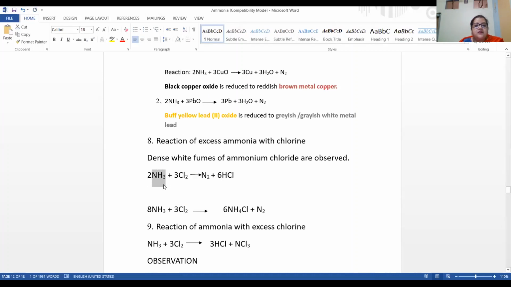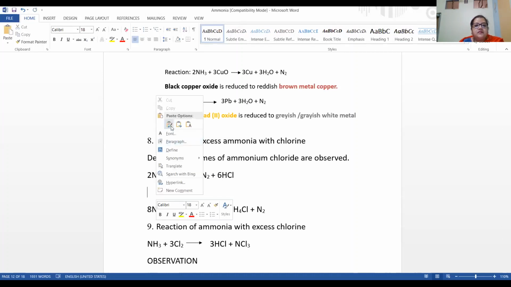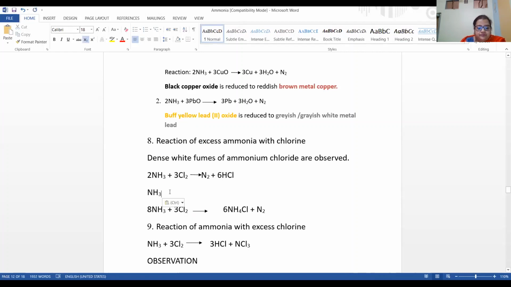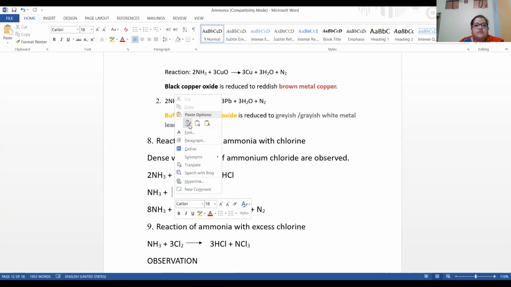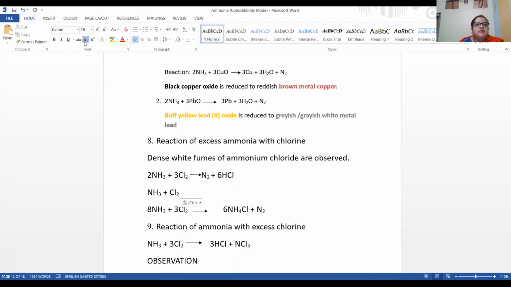So some more ammonia is going to react with chlorine to give you ammonium chloride. So I'm going to write here ammonium chloride, right? And now we need to balance this equation.